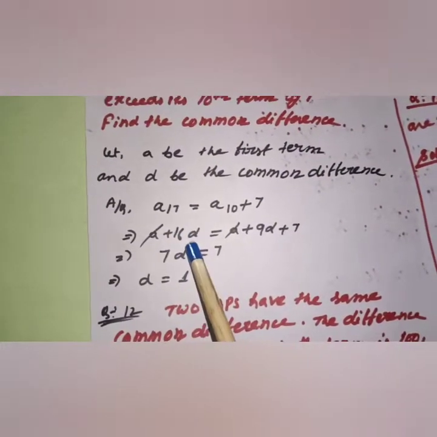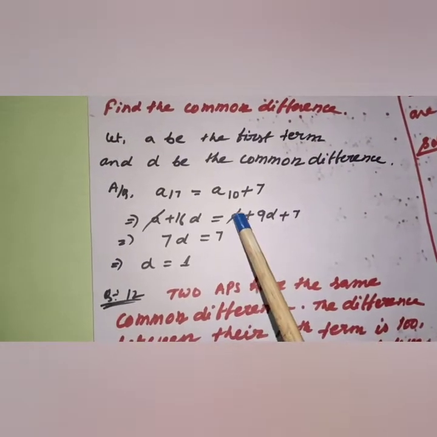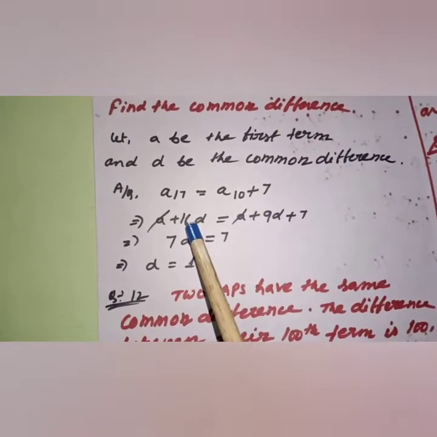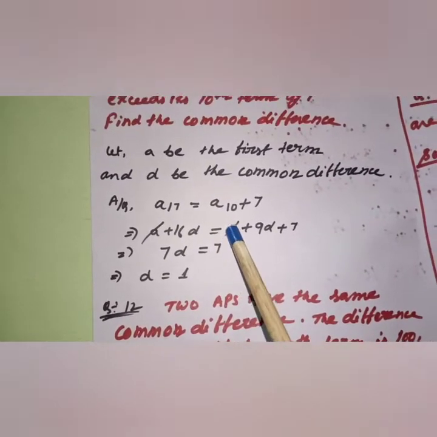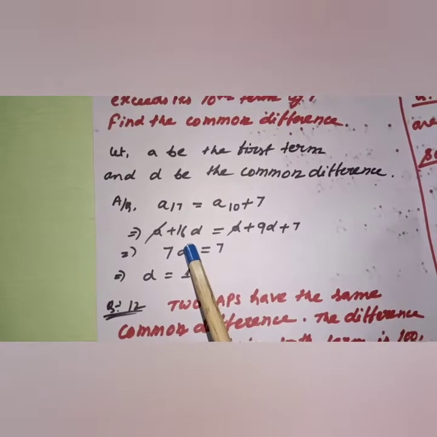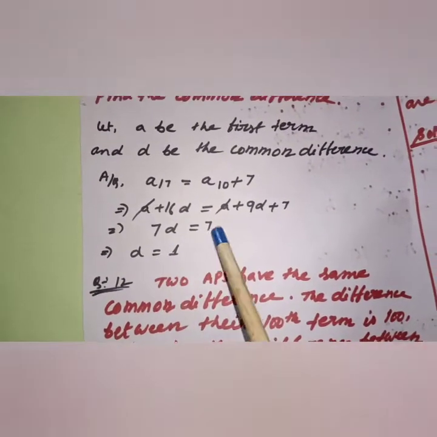A17 means a plus 16d, A10 means a plus 9d, plus 7. If this a is transferred to the left side, it will be cancelled. Then 16d minus 9d is 7d, so d is 7 by 7, which is 1.